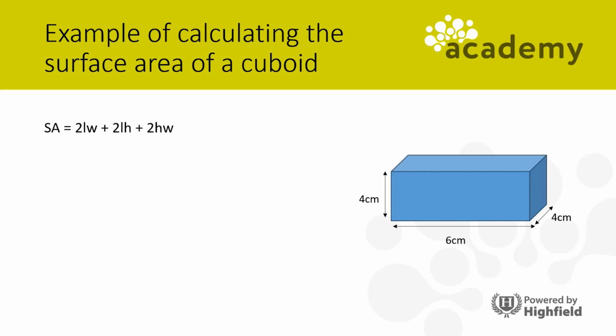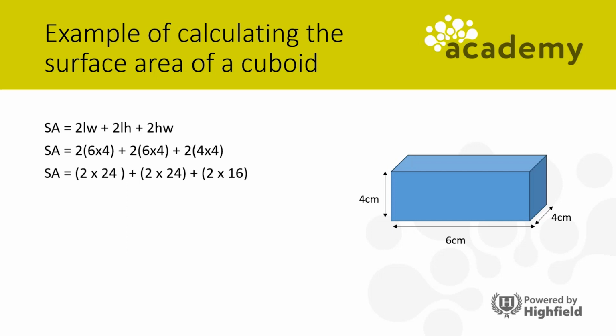In this next example, the formula is 2 times 6 times 4 plus 2 times 6 times 4 plus 2 times 4 times 4, or 2 times 24 plus 2 times 24 plus 2 times 16, which is also 48 plus 48 plus 32, which is 112 centimeters cubed.